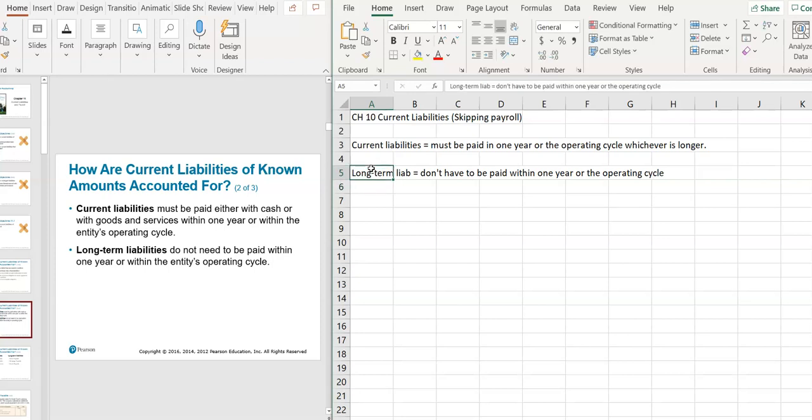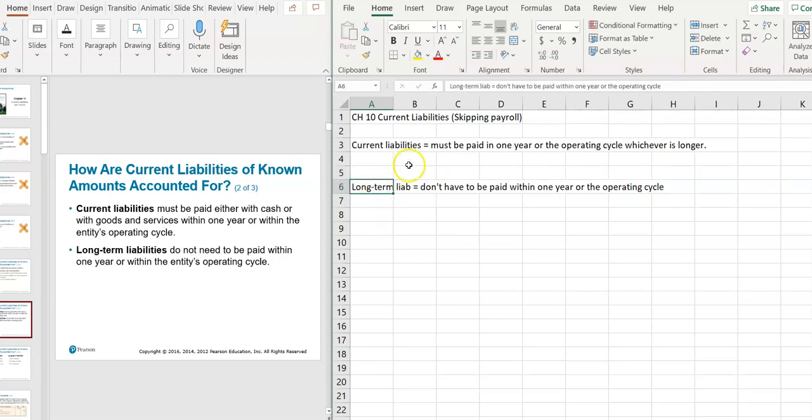All right, some different terms that you might hear as you go through your business career. Sometimes the current liabilities are called operating liabilities, because they're part of your daily operations, like accounts payable, trade payables, things of that nature.